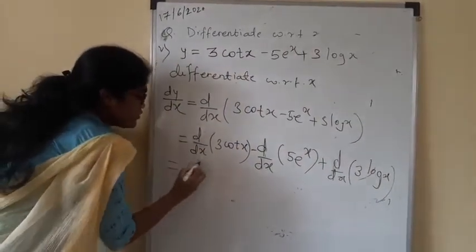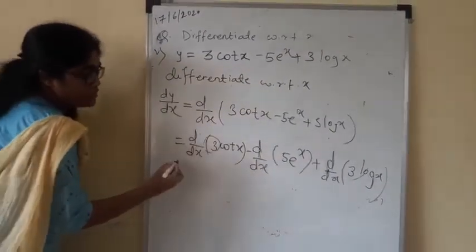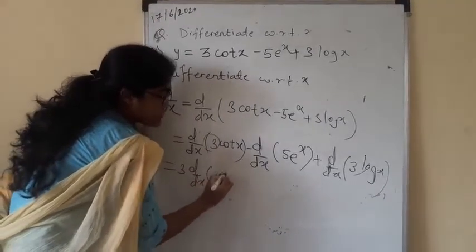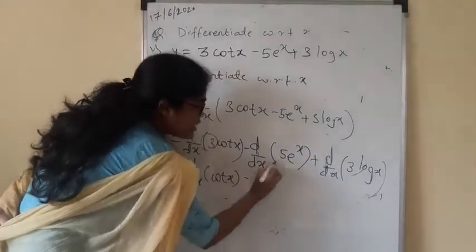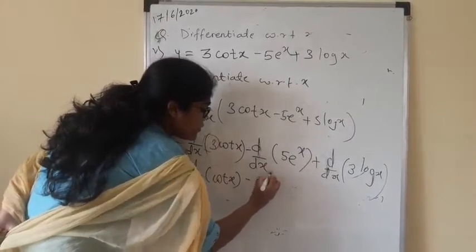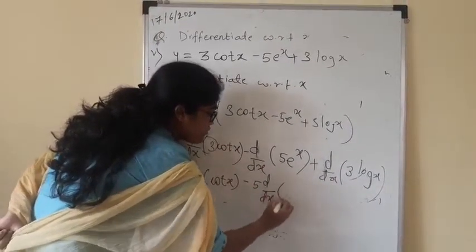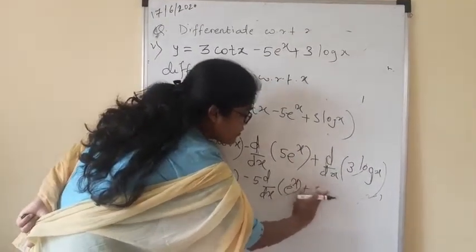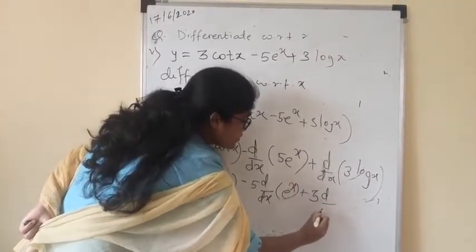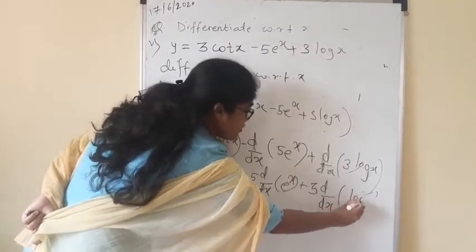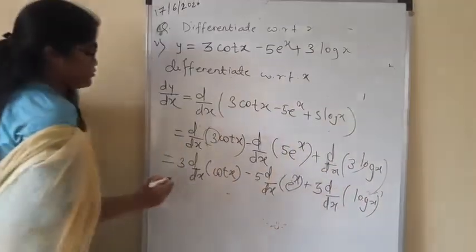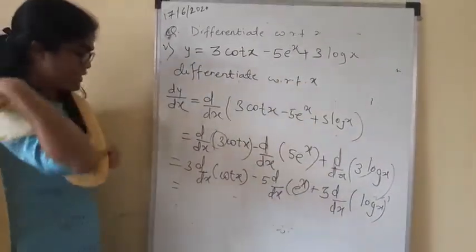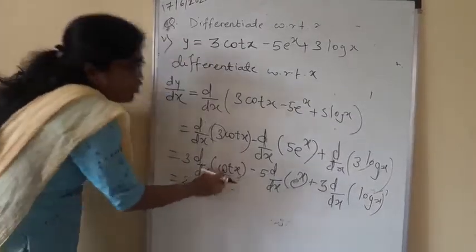So now we will take 3 outside. So d by dx of cot x minus, again we will take this 5 outside, and here also we will take 3 out. So now 3 into the derivative of cot x.